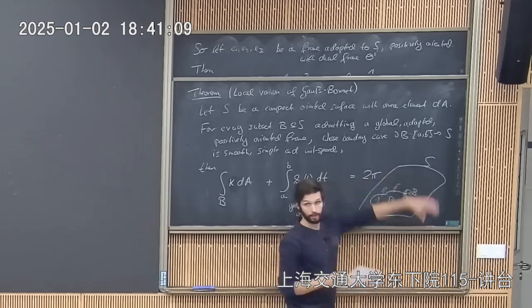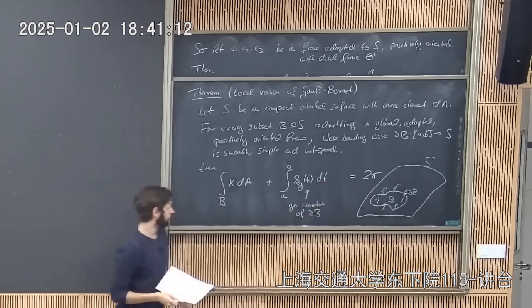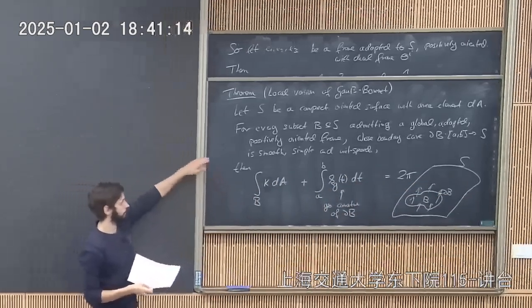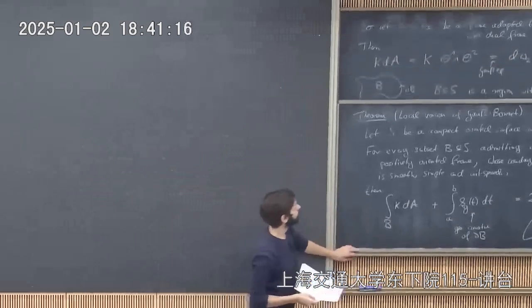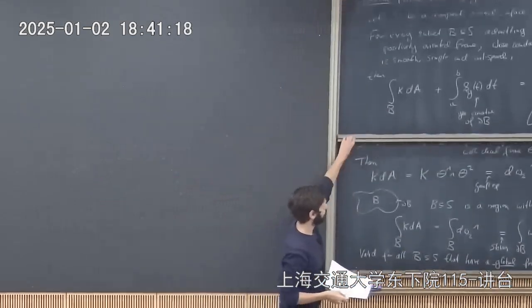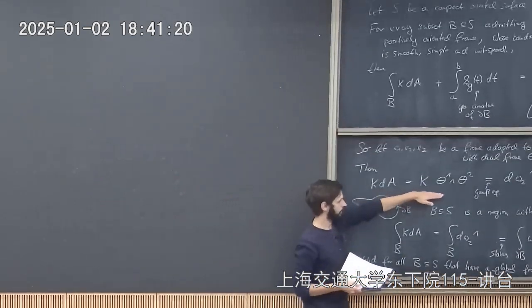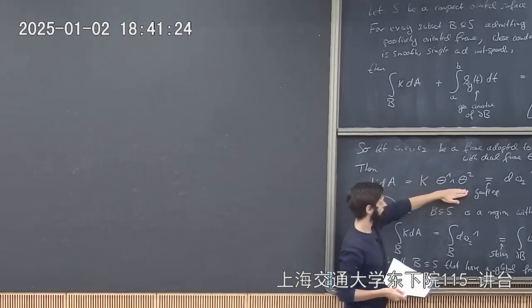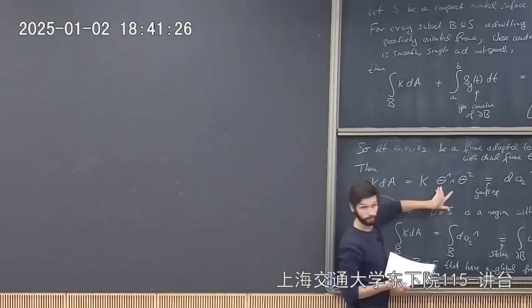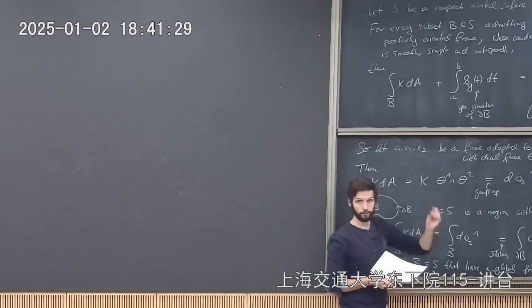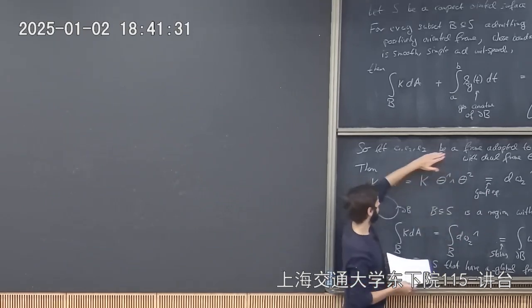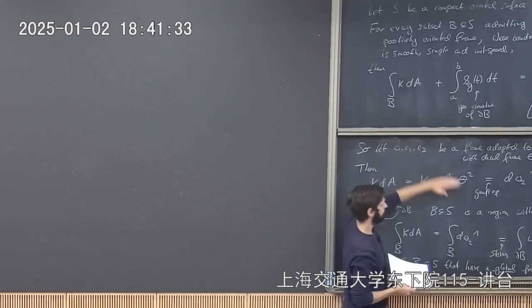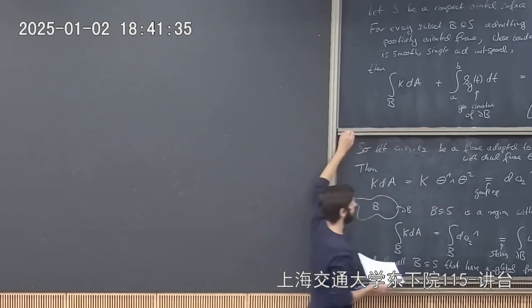But it might not extend to all of S. So that's the ingredient, that we really need this frame, because otherwise this calculation doesn't work. If you don't have a whole frame, then we can't write it in these terms, because the theta 1 and theta 2 are only defined if you have a frame. So we always need a frame adapted, and then we can do this calculation.